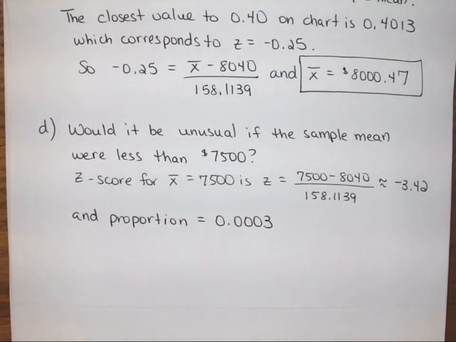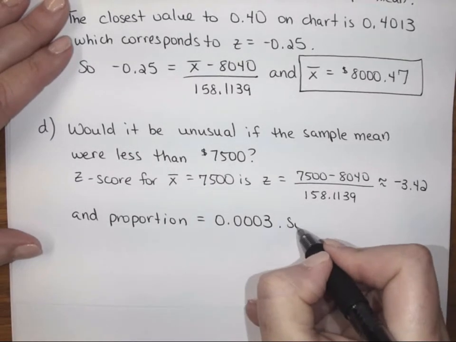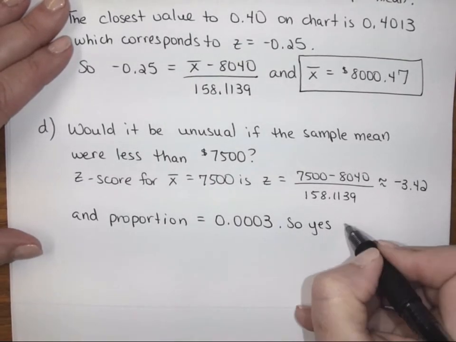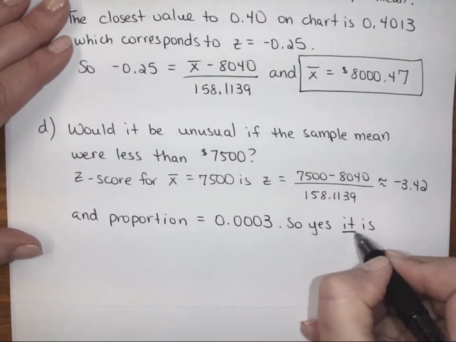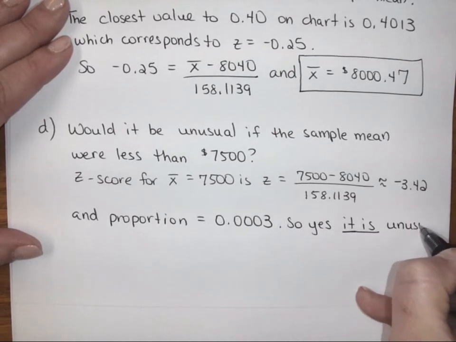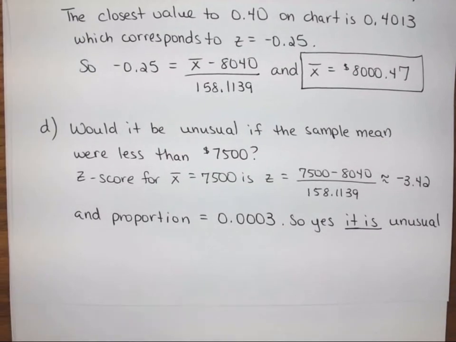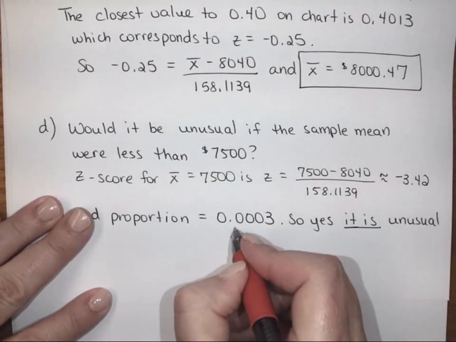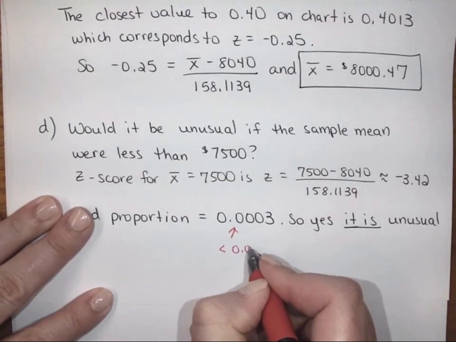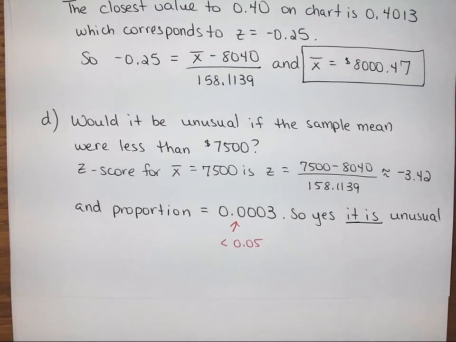Okay, I think I missed a zero when I said it before. So yes, this is really unusual. Okay, this is unusual. And remember, it is unusual because it's less than the 5%. Okay, if you can show that it's less than 0.05, then it's unusual.